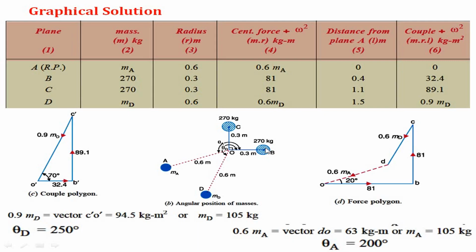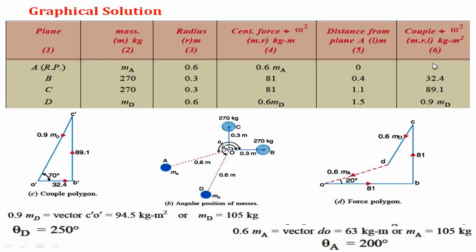So with respect to that, the mass in plane C will be placed exactly at 90 degree to mass B. Fine. These are the two masses MA and MD for which the value as well as the angular position are unknown for us. Fine. So to determine this angular position and mass values, first of all we have to focus on the couple column where we are going to deal with different four values.